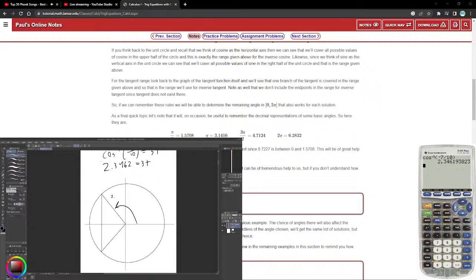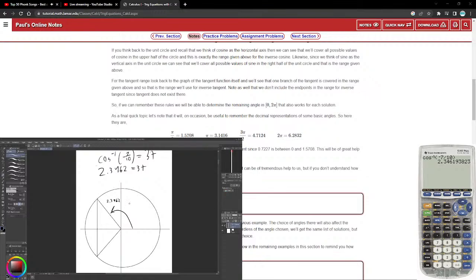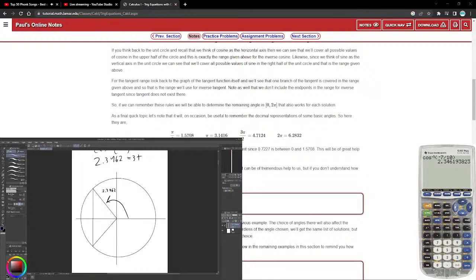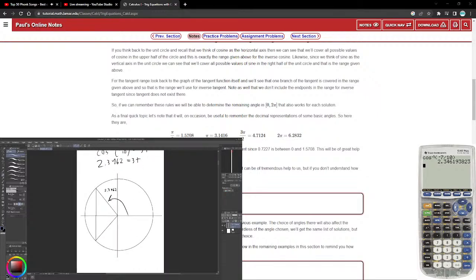So this is 2.3462 right here. To get the other one, I do pi plus, probably be 2 pi minus 3.462.